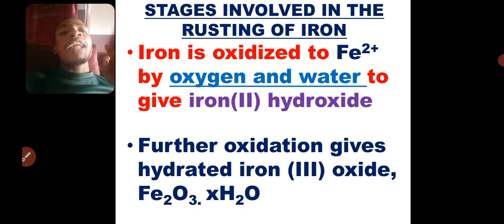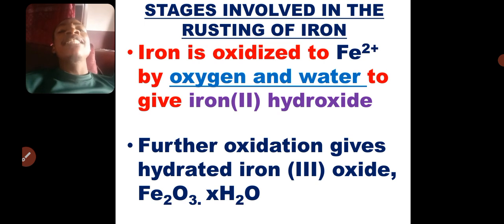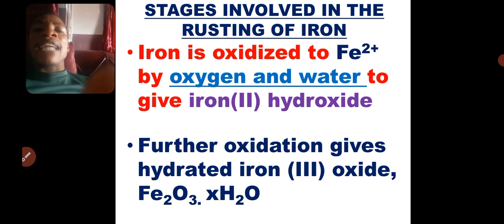Now, there are 2 major stages involved in the rusting of iron, and this is a very examinable question. Discuss the stages involved in the rusting of iron. So if you are asked this question in any exam, what should be the proper response? The first thing that happens is that the iron metal is first oxidized by oxygen and water to give iron II hydroxide.